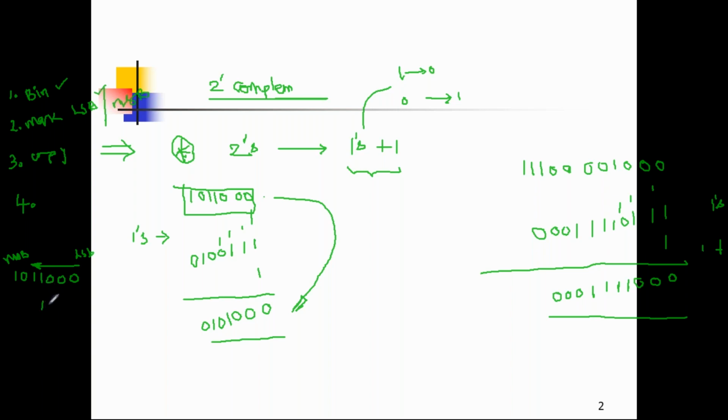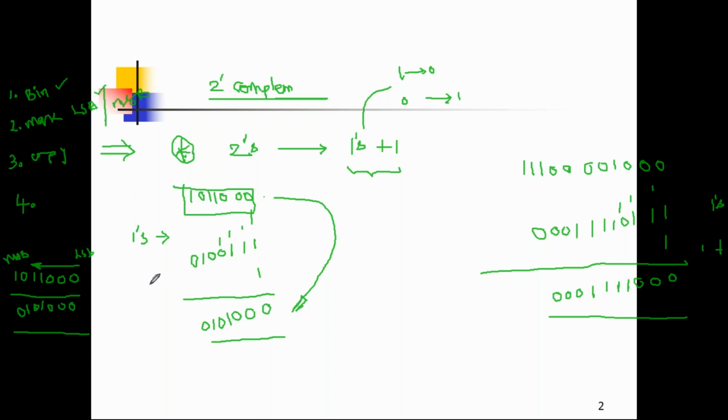Till that, copy as it is: 1, 0, 0, 0. Then after that, change ones into zeros, zeros into ones. That's all. This is the 2's complement for the given problem.